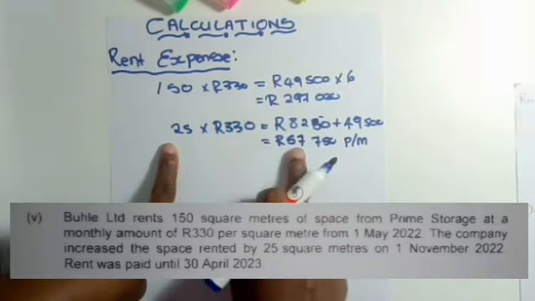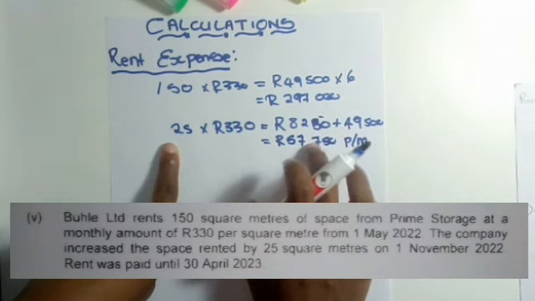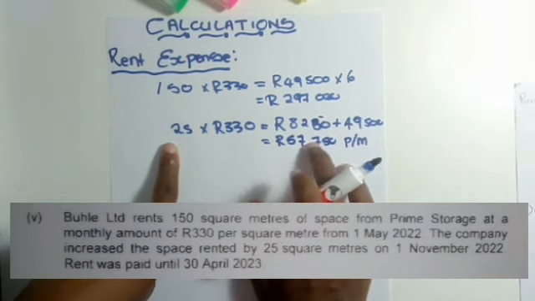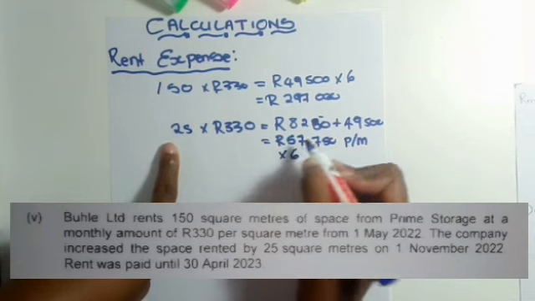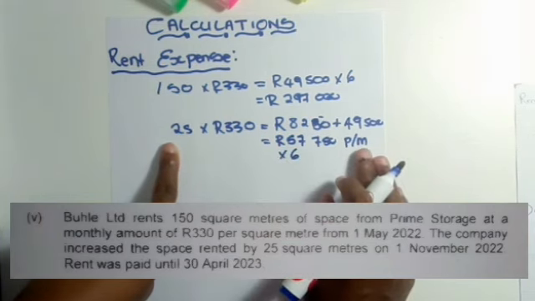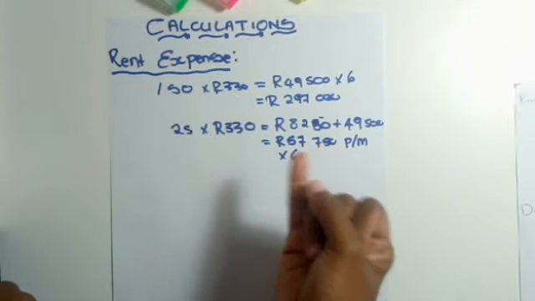Now, how many months did I pay this particular amount? I paid it for 6 months. 6 months, I'm counting from 1 November to 30 April 2023. So November, I'm starting with the month of November because it was on the 1st of November, so it must be included in the calculation.